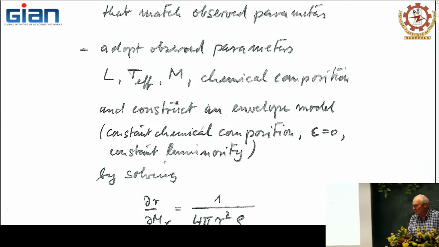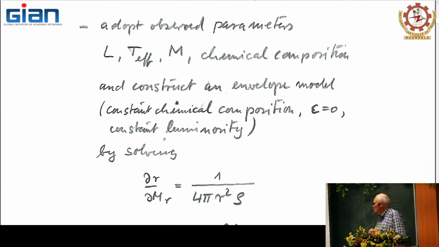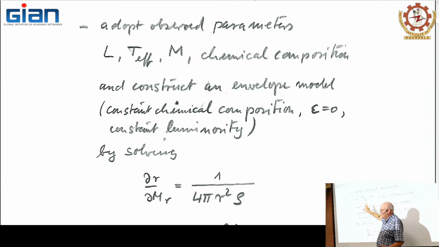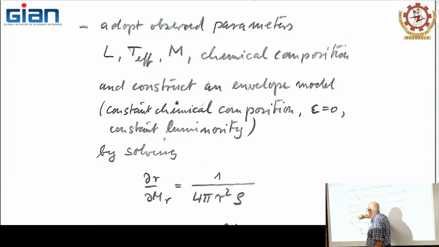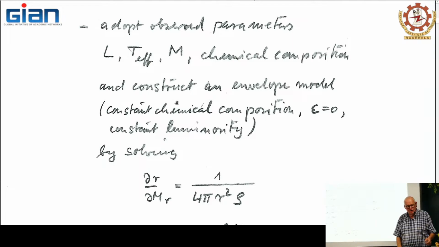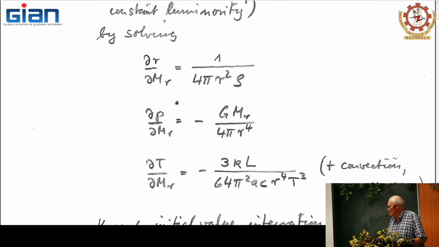So we assume the observed position, take an estimate for the mass, which is the least well-known property, and we adopt the observed chemical composition. Then we can construct an envelope model by solving the following three equations.